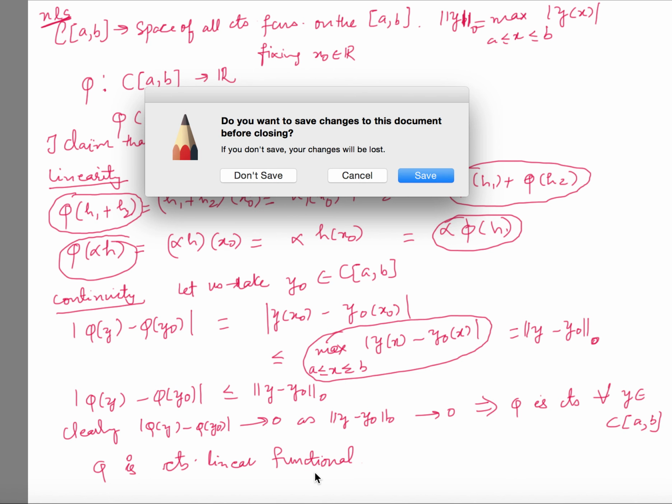What we were trying to do is, I have this functional j from some non-linear space V to R, and I am looking at this variation.